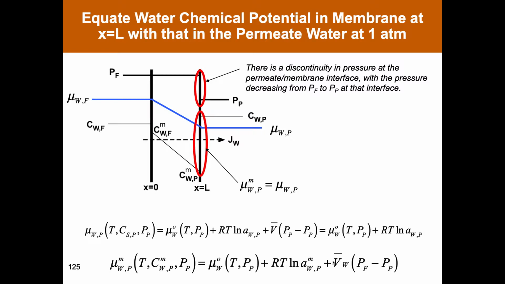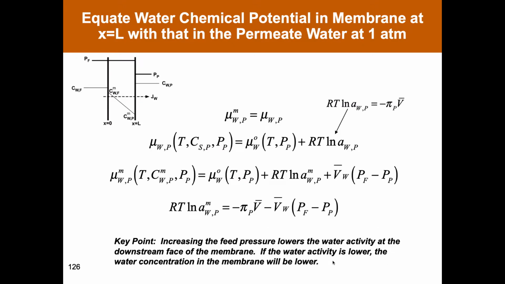We come to the downstream side and again use exactly the same analysis that we used before, equating the chemical potential of the solvent in the membrane at the downstream side to that of the chemical potential of the solvent in the external solution. The expressions are written in exactly the same way as we did for the feed side.